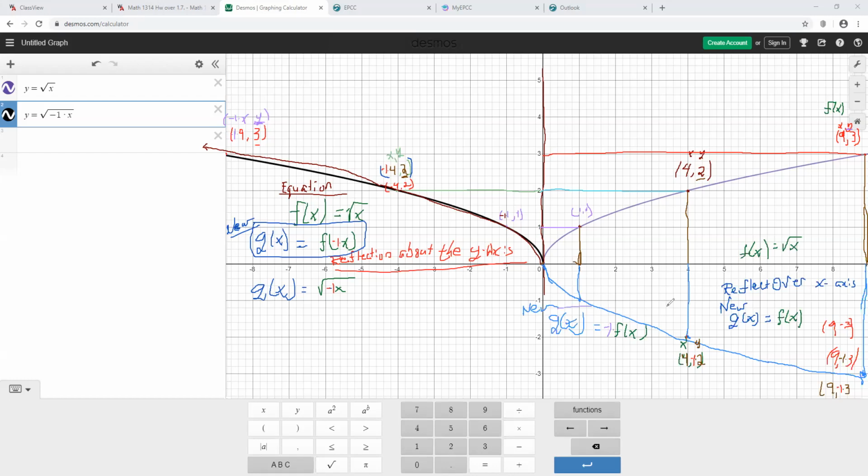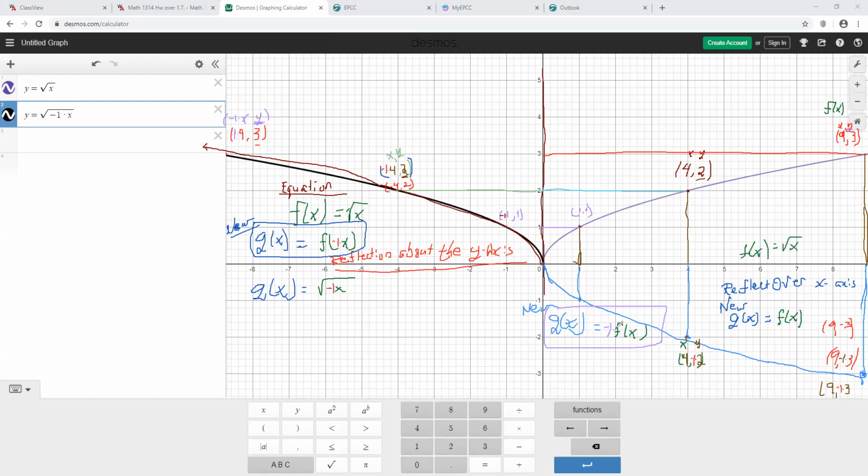So for any reflection over the x-axis, the new function is going to be the original parent function times -1, but not inside the function next to the variable x, because that would be a reflection over the y-axis.